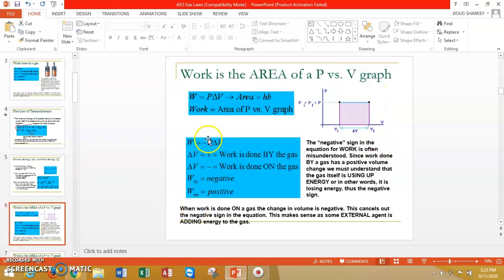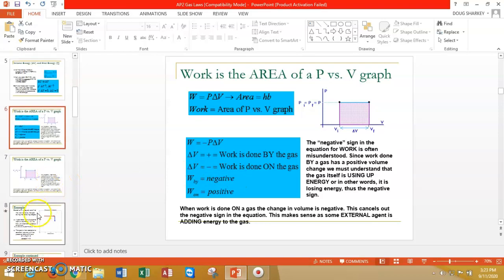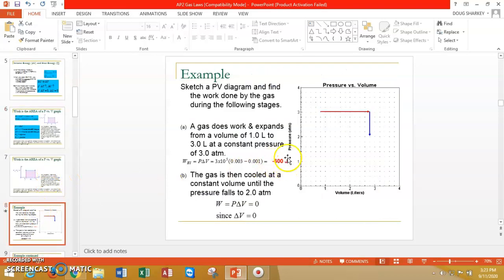But there's a little minus sign here. So when you take that positive volume change and multiply by that little minus sign, you get a negative. And so you can just take this pressure, which is 3, and multiply by 3 minus 1. It's actually 0.001 and 0.003. And you'll get the amount of work done. Going to the left, you'll get a negative because it's work done by the gas.